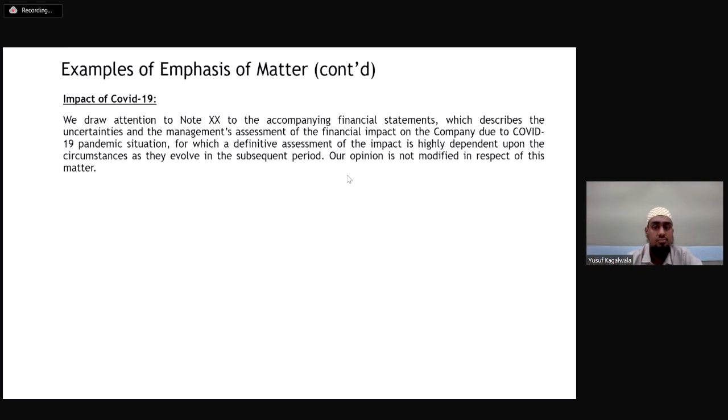But whenever an emphasis of matter is given, the most important thing is we are drawing attention to the note of the financial statements, and finally we are concluding that our opinion is not modified, because there is no modification. Modification is 705. 706 mein modification nahi hai. 706 is purely just an emphasis. We are just emphasizing something which is properly disclosed by the management, and we are telling that this can have an impact in future, or this needs to be watched.